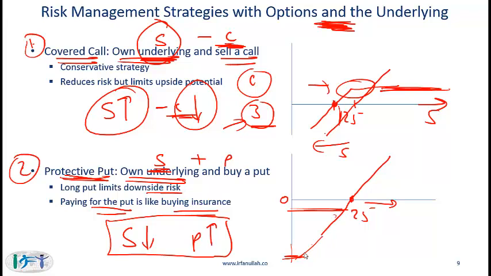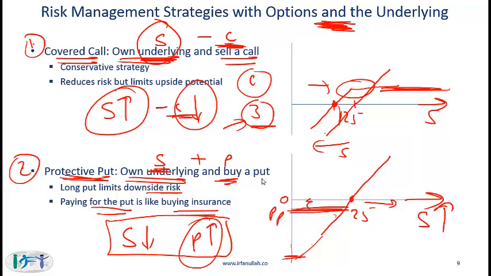So rather than going down with a protective put, we do not lose money after a certain point. We do lose some money because we have to pay for the put, but just because the stock heads down to zero doesn't mean that our overall position goes down to zero. On the other hand, when the stock price goes up, then the put does not have any payoff.